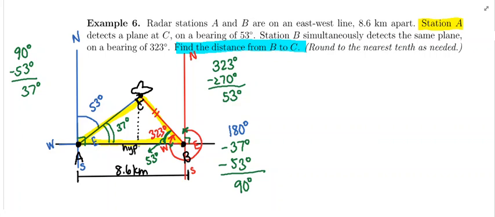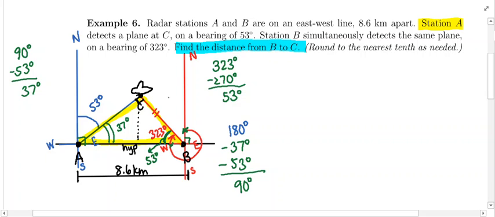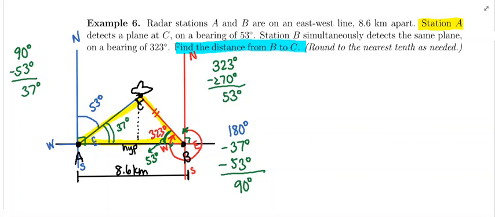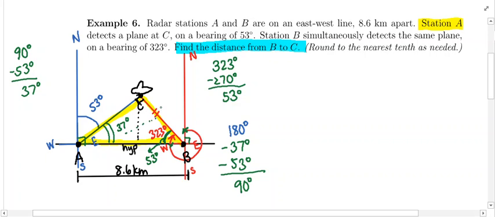We are interested in this red side over here, BC, that's marked with the double hash marks. I need to pick one of the angles inside the triangle, either the 37 degrees or the 53 degrees, and run with it. I'll pick the 37-degree angle because if I go straight across from it, the side that I'm looking for is the opposite side. That's my unknown. So I've got the angle, I am looking for the opposite side, and I know the hypotenuse.